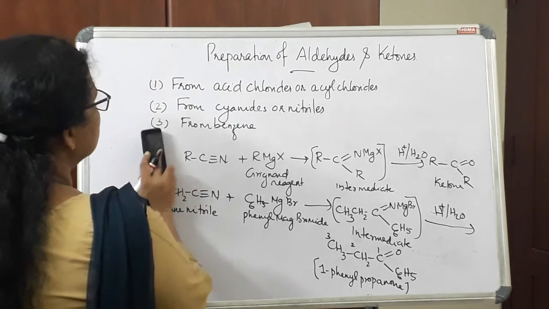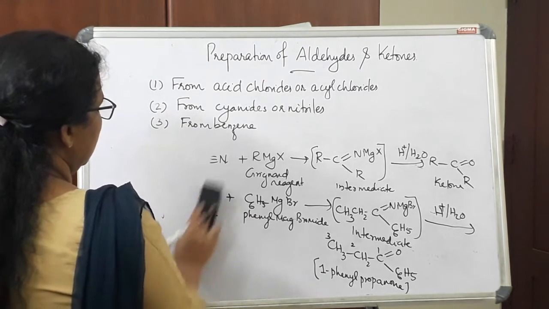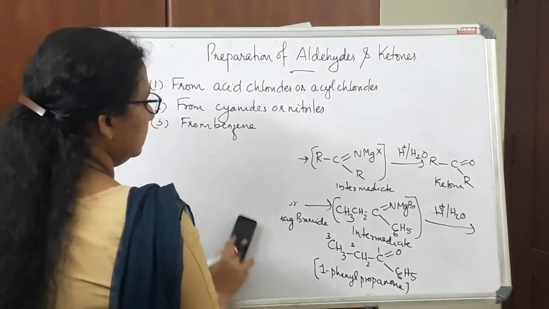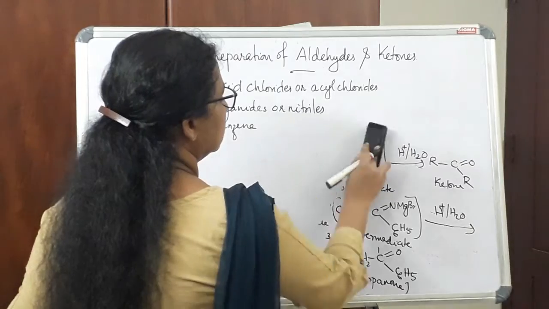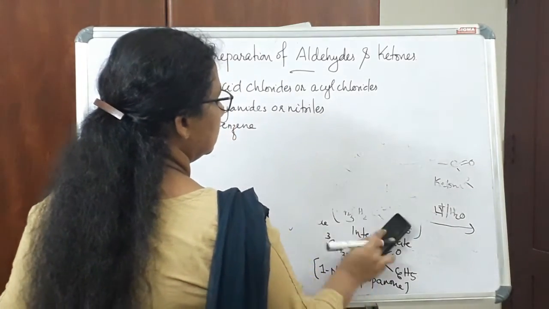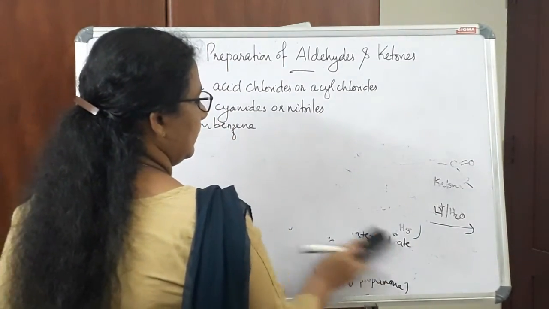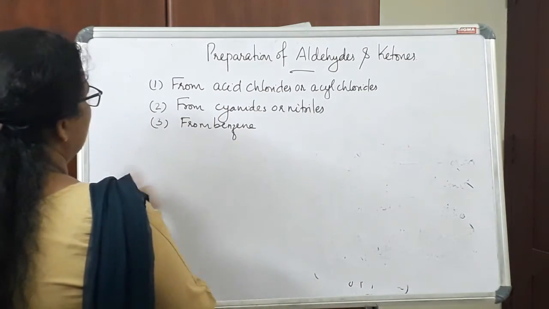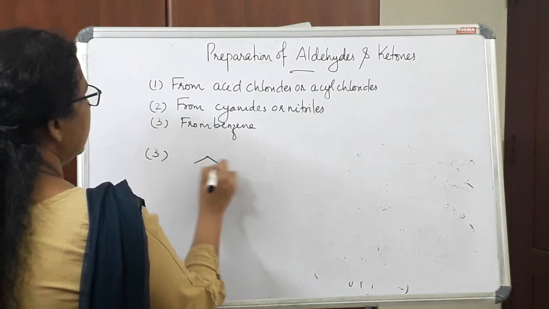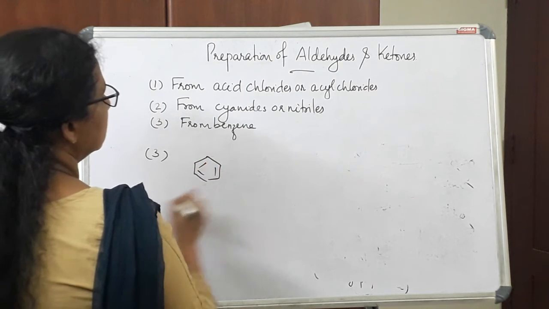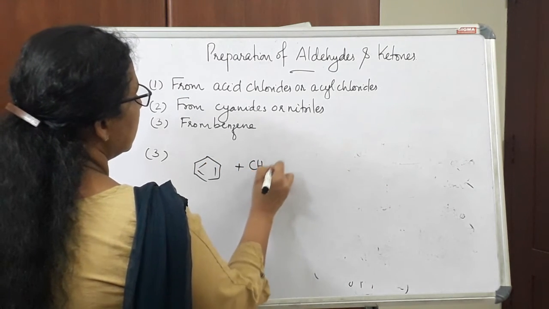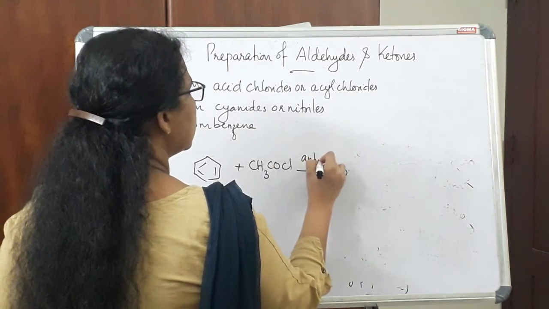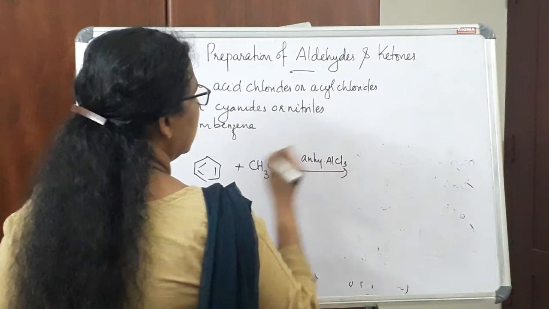Now let's see the third method, that is from benzene. So from benzene also we can prepare ketone. From benzene on treatment with acyl chloride CH3COCl in presence of anhydrous AlCl3.